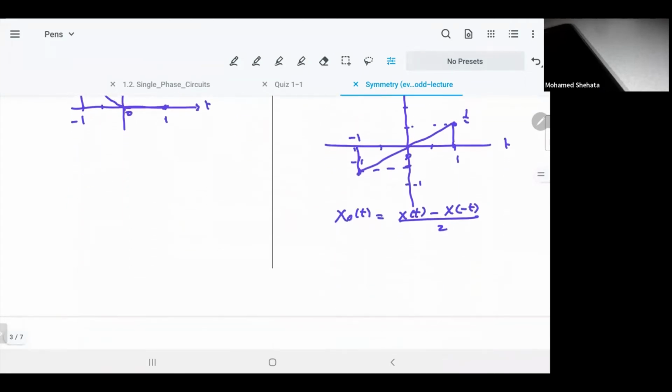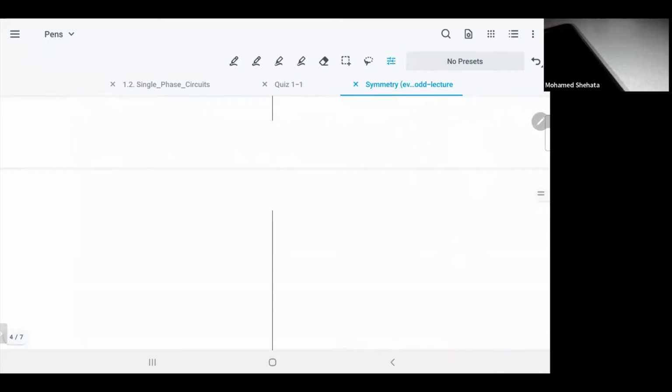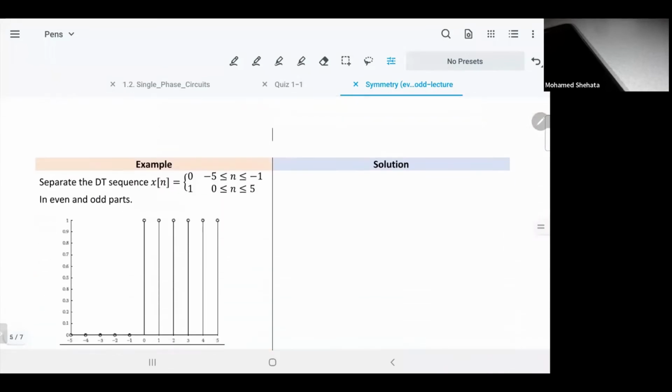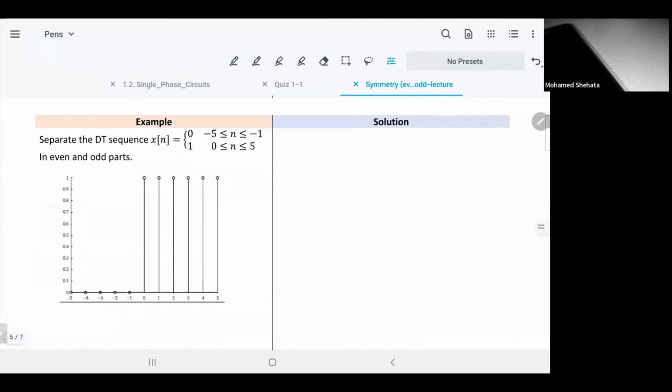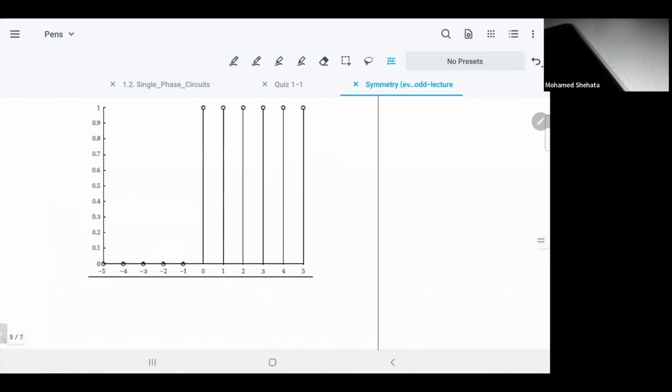You can do the same thing with a discrete time signal. Here you go, you have a discrete one. That's x of n, and that's the equation given and the graph. When you look at the graph, at n equal -5, the value is 0.